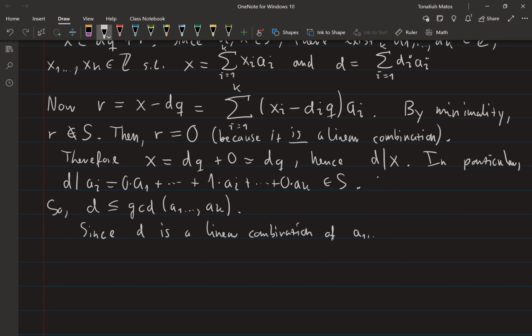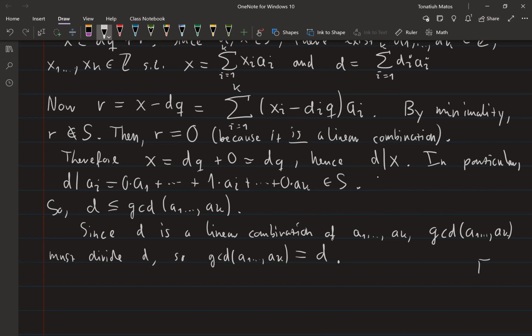So a1, ak, the greatest common divisor that in particular divides these numbers must divide D, right? So the greatest common divisor divides D, and D divides the greatest common divisor, but these are natural numbers, so these must actually be equal, right? And that's what we wanted to prove.